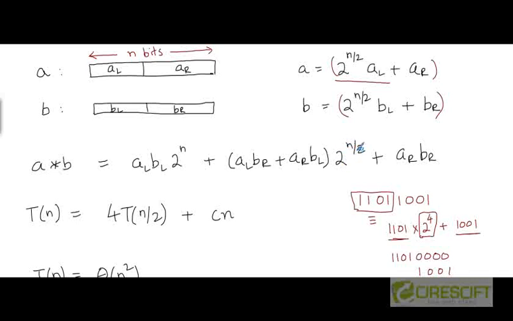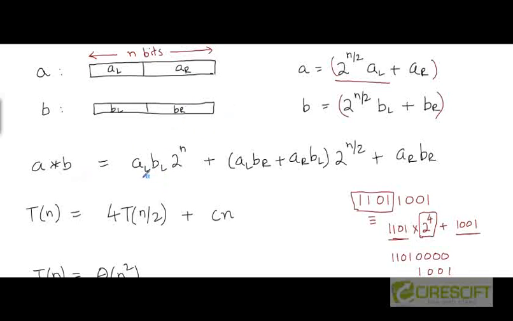So we can take 2 to the power n by 2 common, and we'll be left with a sub l times b sub r plus a sub r multiplied by b sub l inside the brackets. And if we multiply the second terms of both expressions, we'll get a sub r multiplied by b sub r. So this is the expression for the product of a and b.